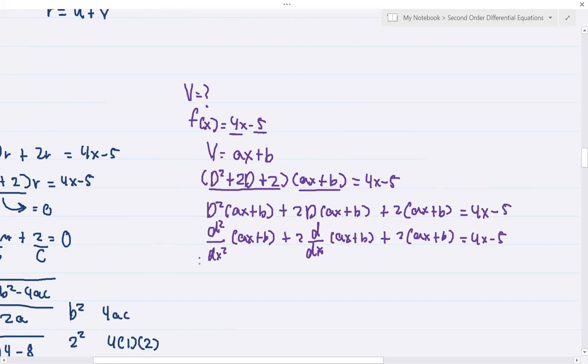As always, if you take a look at this, you're going to get the derivative. For your first term, you're going to get the second derivative. What is the second derivative of ax plus b?